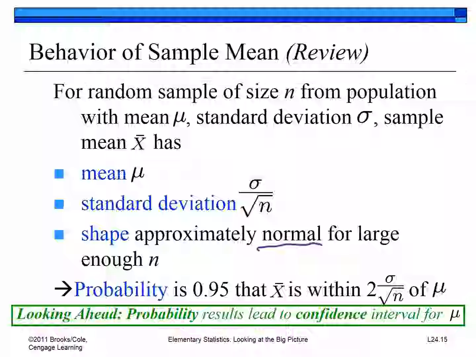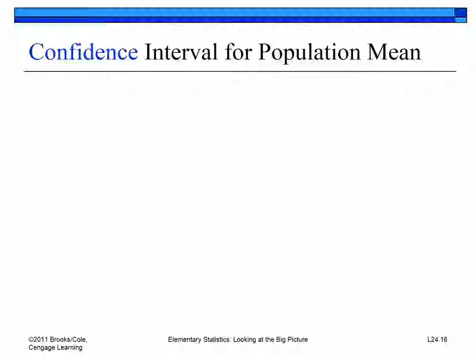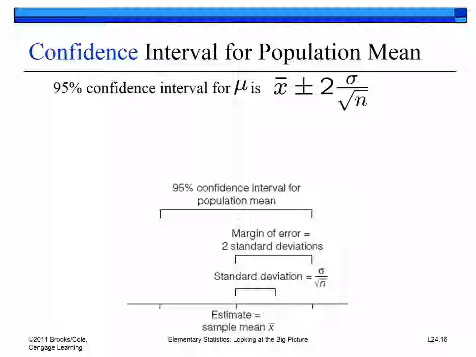This gives us our confidence interval. So a 95% confidence interval for population mean is sample mean plus or minus 2 standard deviations. Again, this is standard deviations for sample means.